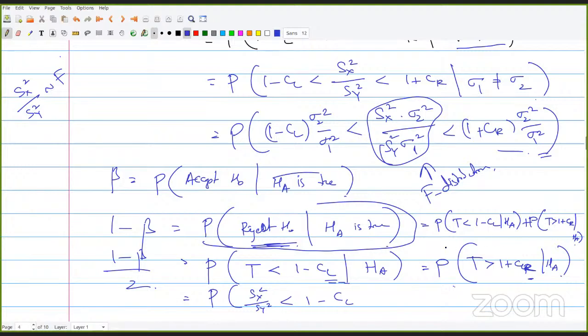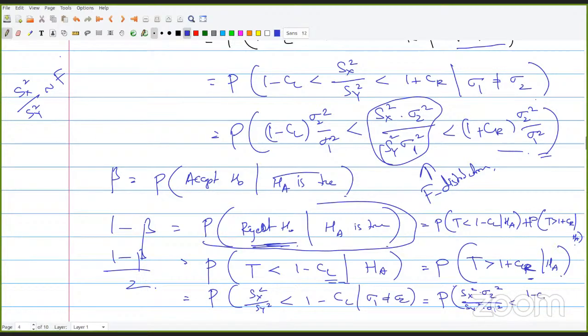Here, with sigma 1 not equal to sigma 2, in order to compute this probability, we will convert it to an F distribution by multiplying the left and right hand sides by sigma 2 square and sigma 1 square.